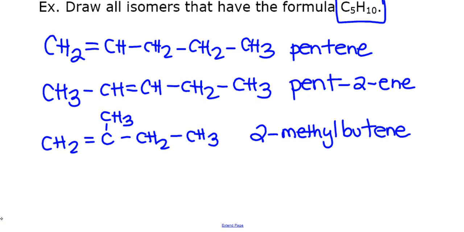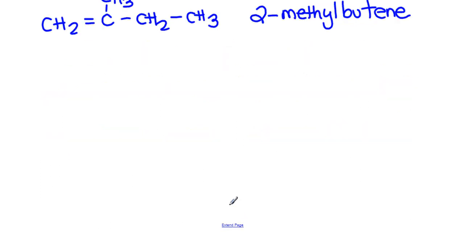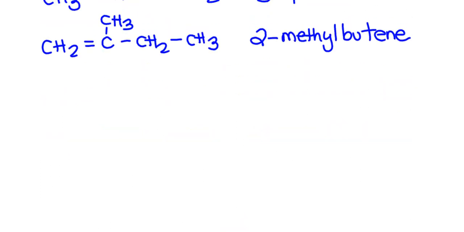I'll give you one more hint, and then part of your homework will be to go back and see if you can draw some more. One that also falls in this category, which is a little bit sneaky, would be this structure here, cyclopentane. How do you know it fits this structure? Well, this is where you would actually want to draw it out with some atoms.